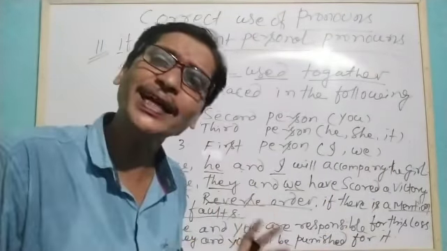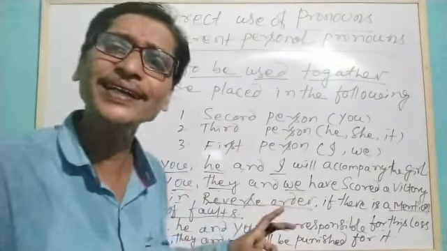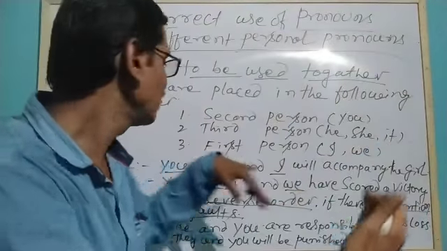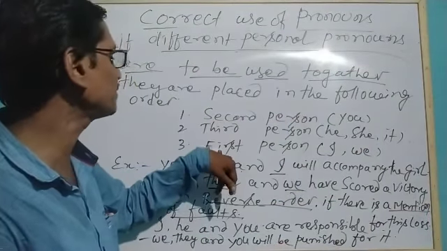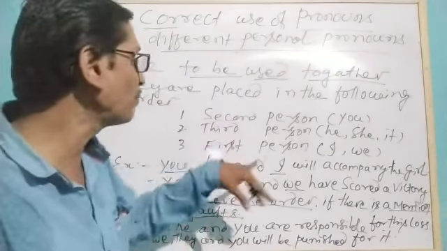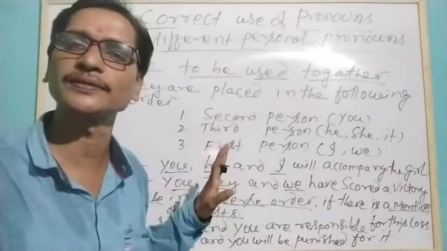So in that case, due to some fault we have some problem, we have to use them reversely. That means first will be the first person, then third person, then second person will come. But normally we use second person, third person and first person.